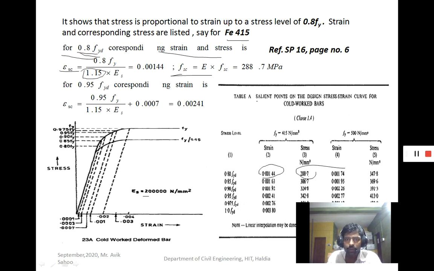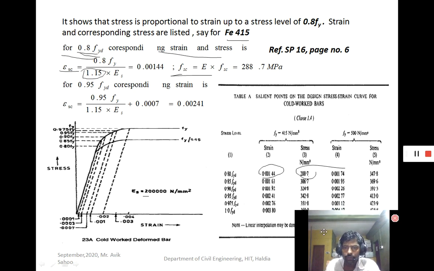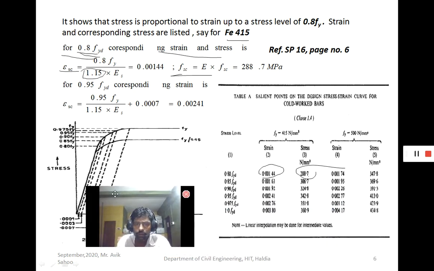So if I use this table, we can easily get the values without detailed calculations, we get the ready-made value. So this is beneficial to design the members. That's why we are using SP16, to accelerate the design. We can do the design quickly.